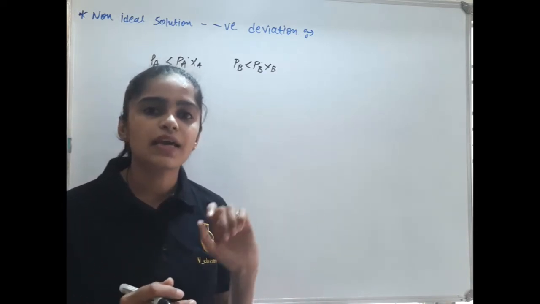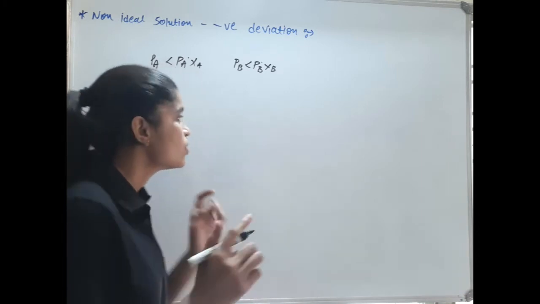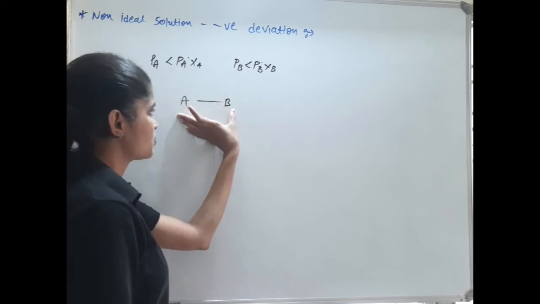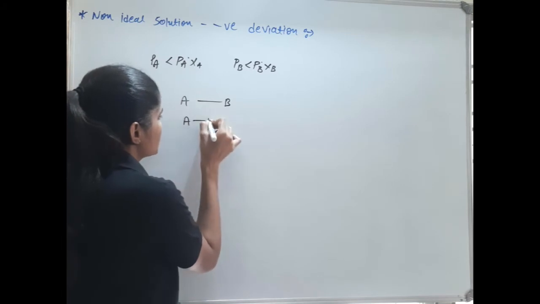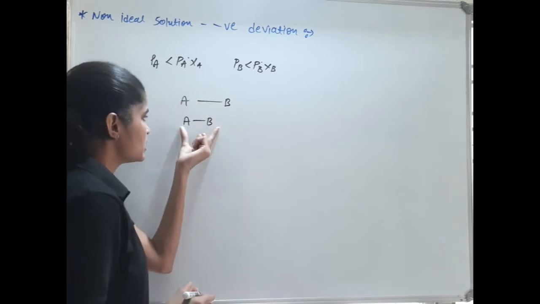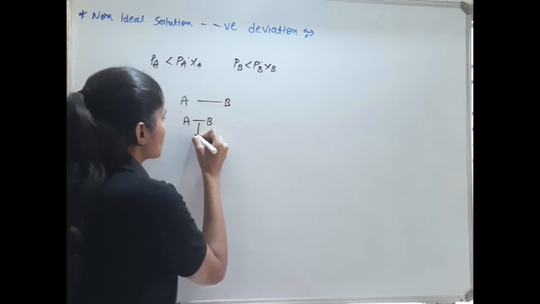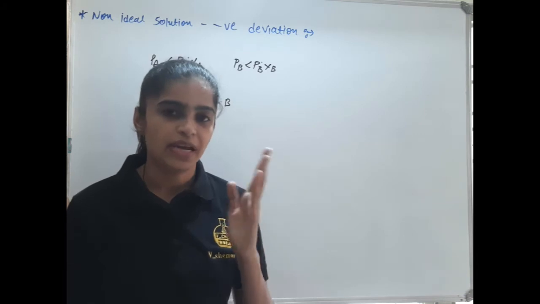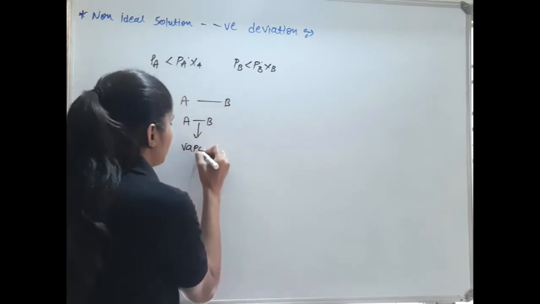Why is this less? Because the attraction between A and B is more. For example, this is the ideal condition, attraction between A and B. But in this case, the attraction between A and B is more, so they come closer to each other. This attraction is more, so it is not easily converted into its vapor form.